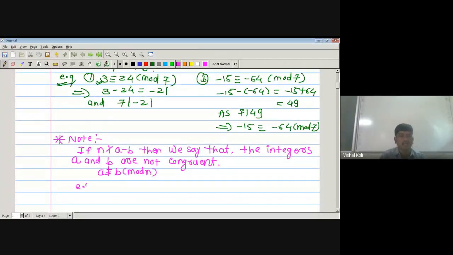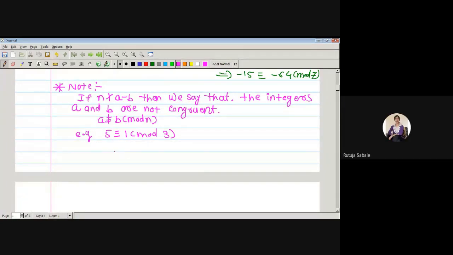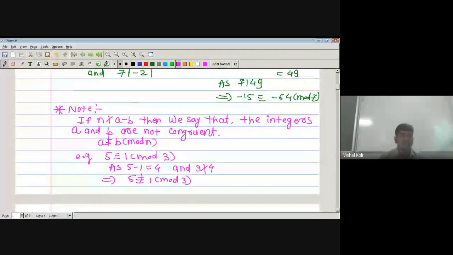For example, let us check whether 5 is congruent to 1 modulo 3. If we have to check this, then 3 must divide 5 minus 1. Whether 3 divides 5 minus 1? No, sir, as 5 minus 1 is nothing but 4 and 3 does not divide 4, which implies 5 is not congruent to 1 modulo 3. Now this one is the first note.